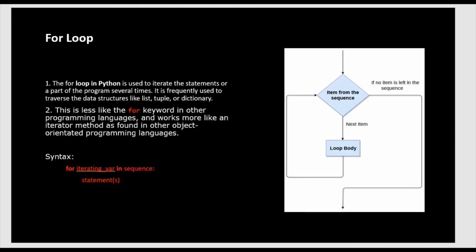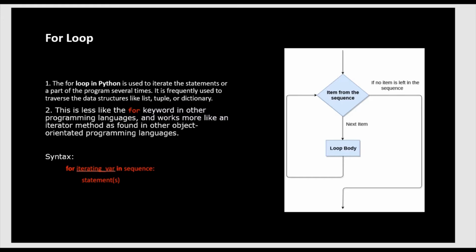The first one is for loop. A for loop in Python is used to iterate a statement or a part of a program several times. It is frequently used to traverse data structures like list, tuple, or dictionary.